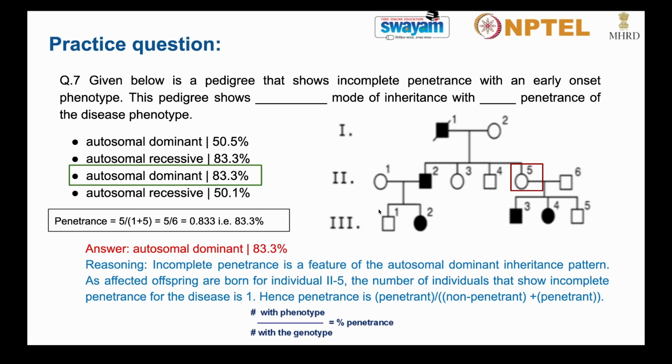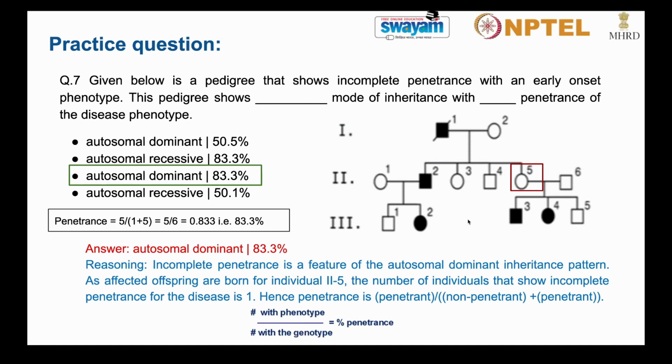Now the question arises of how to calculate the penetrance. The formula is that you put the number of penetrants in the topmost side, where penetrant means those showing the phenotype. Then you divide it by the sum of non-penetrants with the penetrants, meaning all the individuals which carry the genotype. In this case, there are 5 individuals which are penetrants.